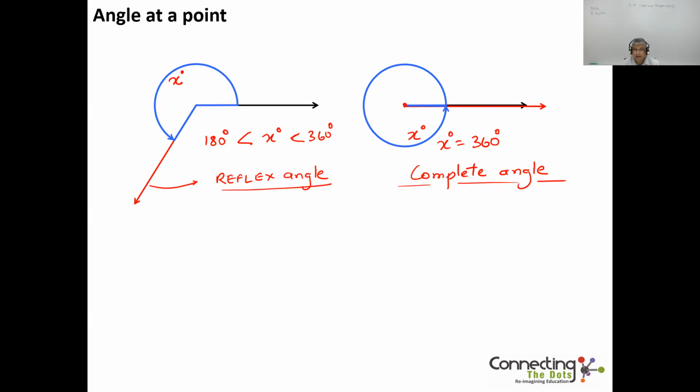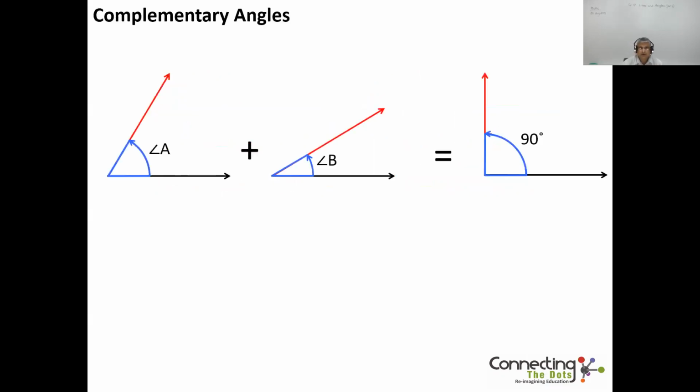Now, if two angles add up to a right angle, which means these two both have to be acute because they have to be less than 90 degrees, right? So if two angles add up to 90 degrees, they are called complementary angles. So that is angle A plus angle B should be 90 degrees.